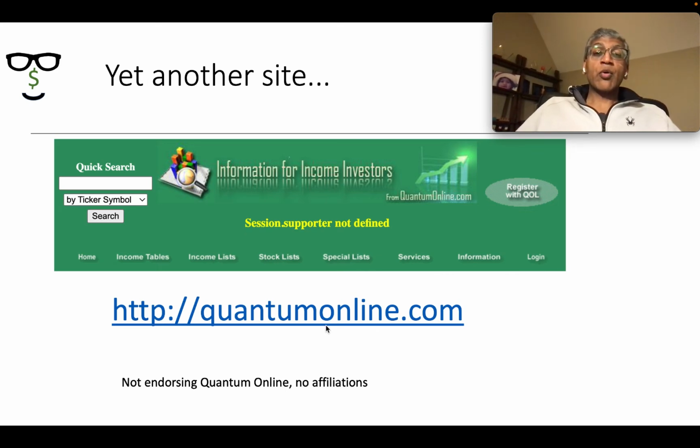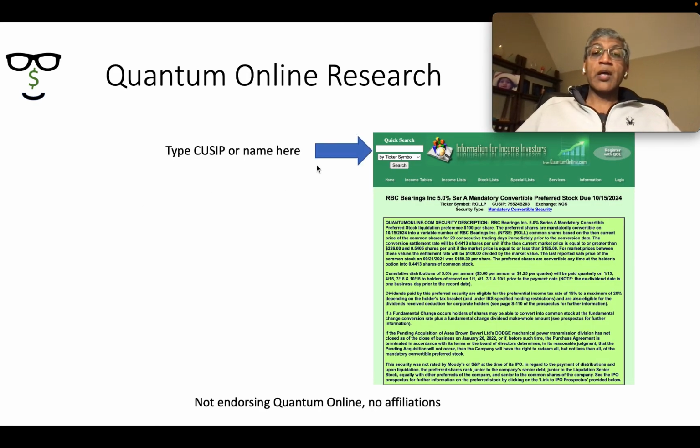The interesting part about Quantum Online is that it has a search bar, and you can search, instead of by symbol, you can enter the CUSIP. And once you enter the CUSIP for this preferred stock, out comes the prospectus in a reasonably more readable fashion.